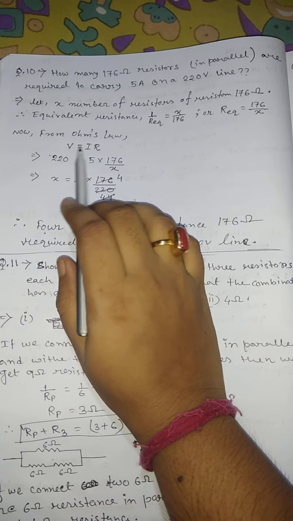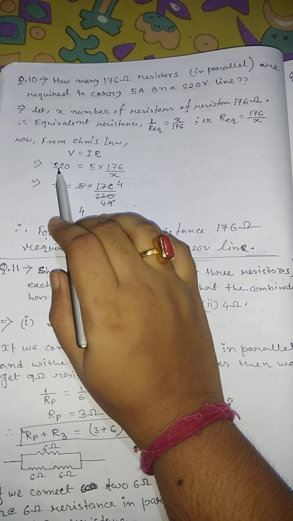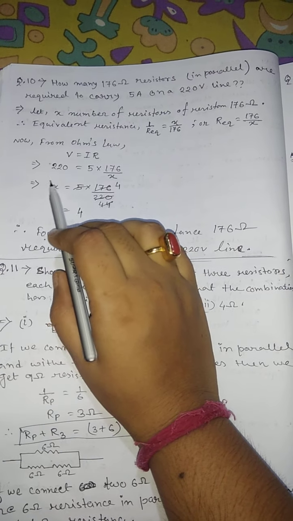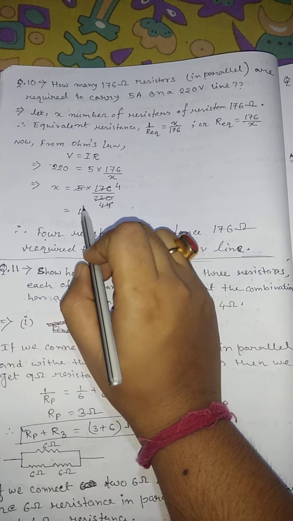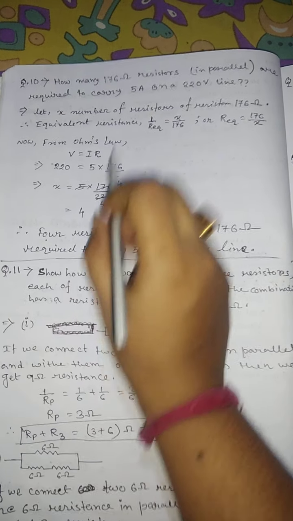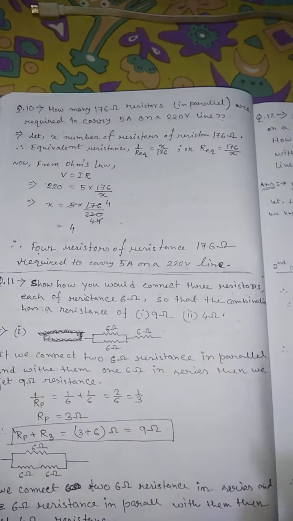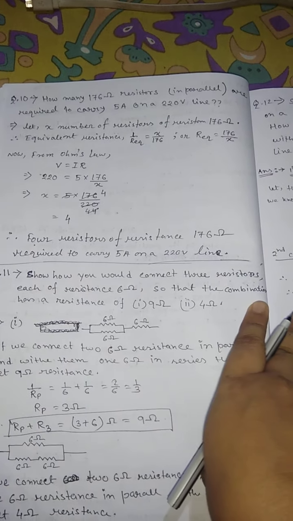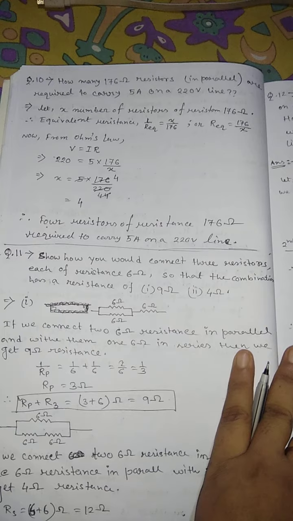Now from Ohm's law, V equals IR. The V value is given, 220 volt, I is given, and R is this one. So from here we find X equals 4. That means we require 4 resistors of 176 ohm to carry 5 ampere current on a 220 volt line. Clear?